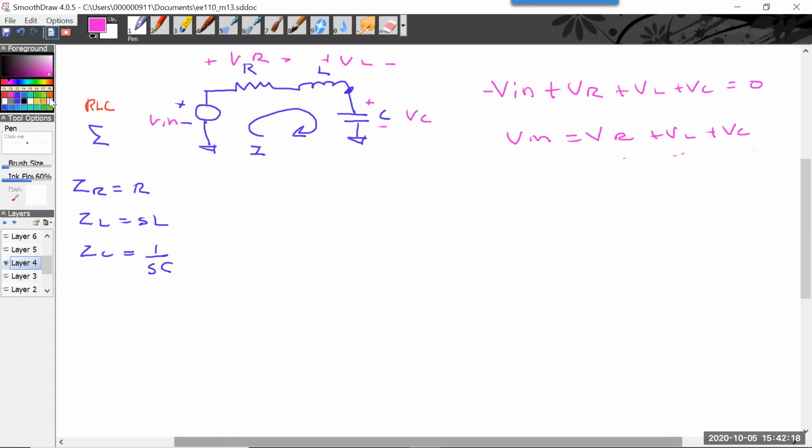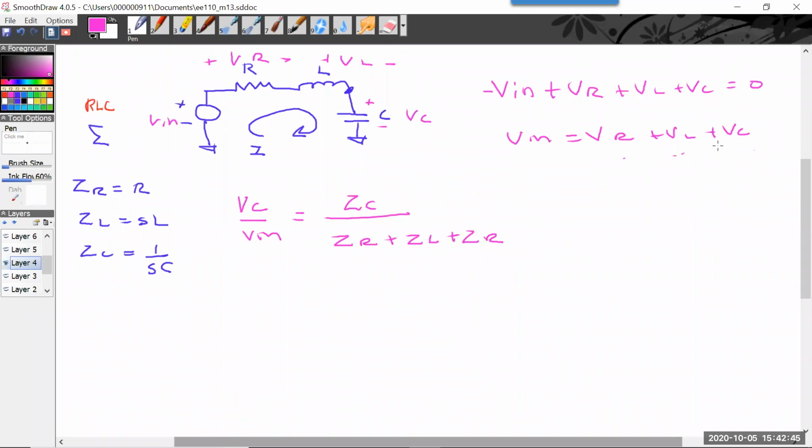Now, there are two ways to find the transfer function. One would be, let's say it's V_C over V_N, which would be the voltage division. I could find it that way.